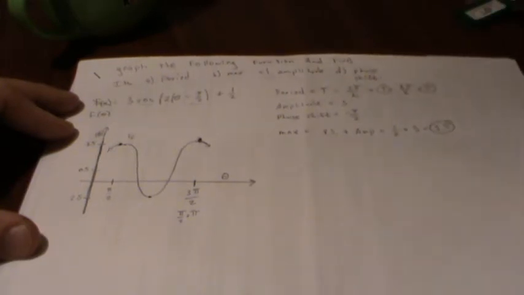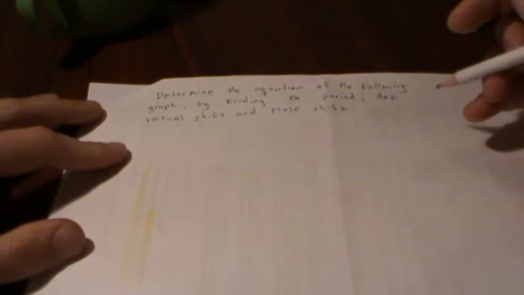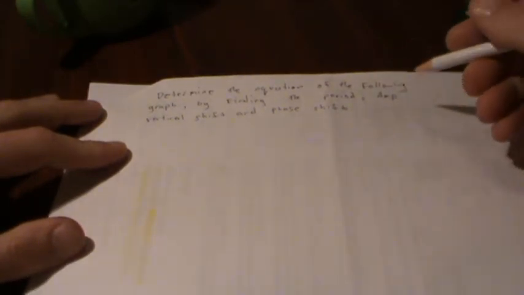Now let's move on to converting from a graph and making the equation. Determine an equation from the following graph by finding the period, the amplitude, the vertical shift, and the phase shift.